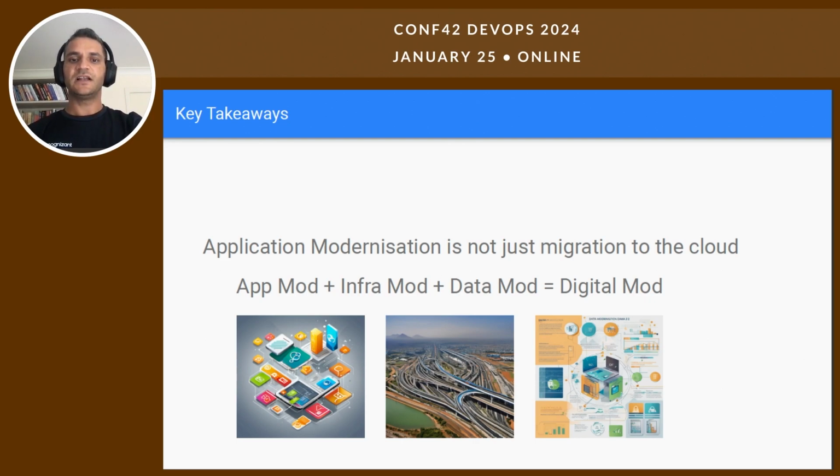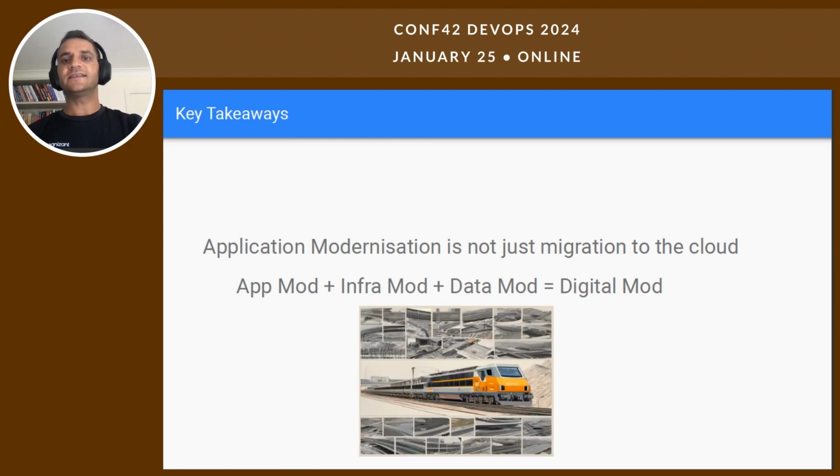Finally, data modernization addresses the strategic management and utilization of data, ensuring that it becomes a valuable asset for informed decision making. Together, these interconnected components redefine the digital landscape, creating a symbiotic relationship that goes beyond simple migration.